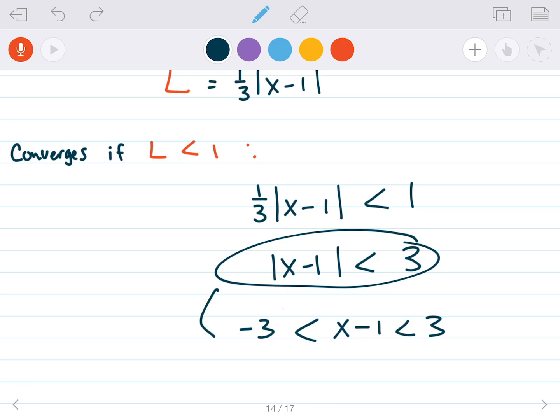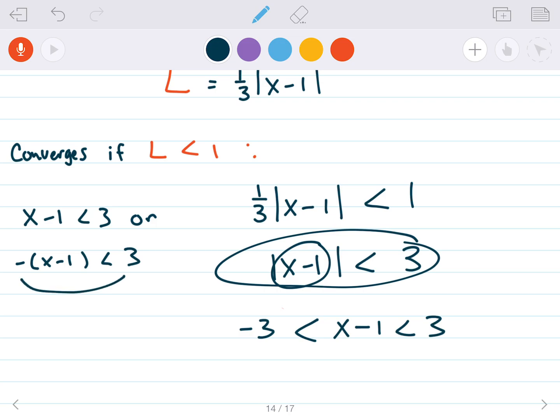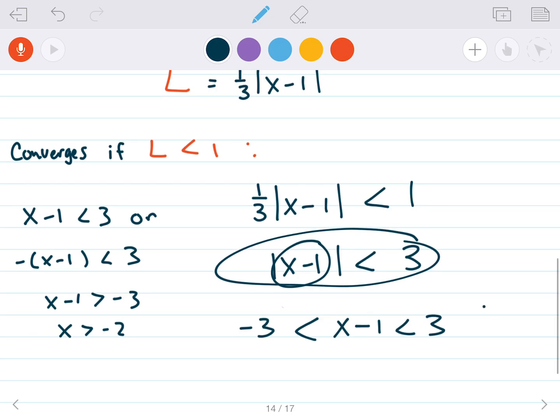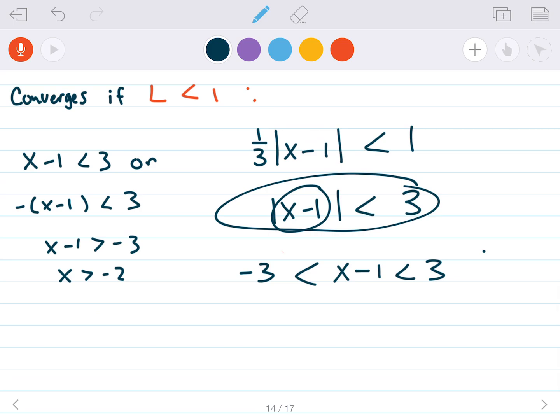Why does it work? Either x minus 1 is positive and less than 3, or that thing is negative and we have that less than 3. When we divide both sides by the negative, it flips the sign, and we're left with x minus 1 greater than negative 3. Add 1 to both sides and we get x is greater than negative 2, and x is less than 4.